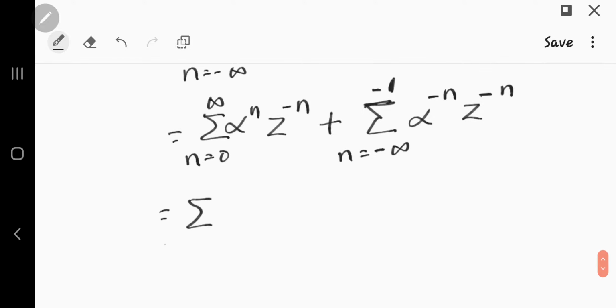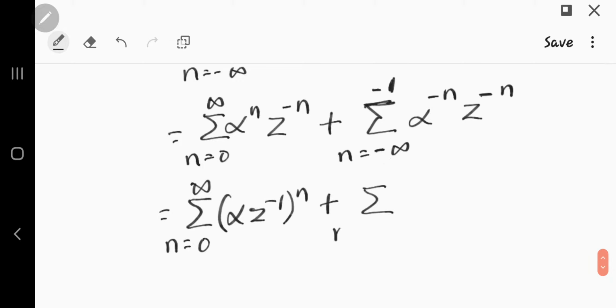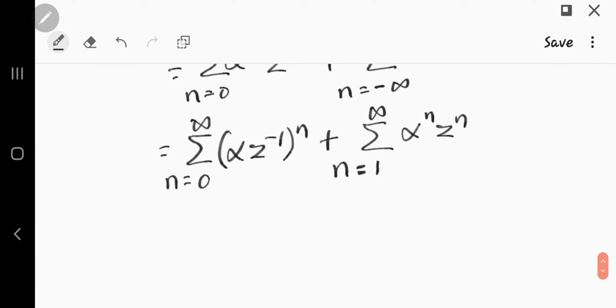Now we can combine this. Summation n is equal to 0 to infinity alpha z inverse to the power of n. Now I will be interchanging the limit to n is equal to 1 to infinity, so that means these two become positive: alpha to the power of n z to the power of n. Now let's combine the common powers here.